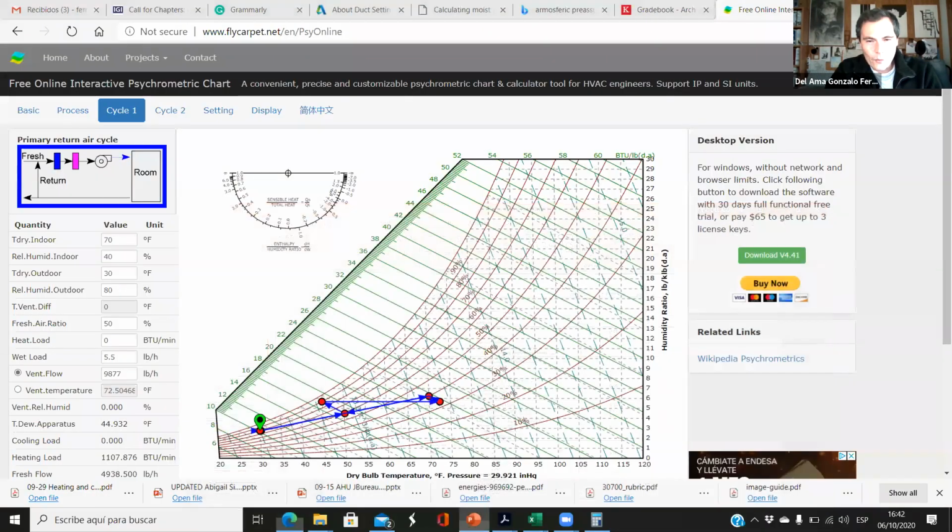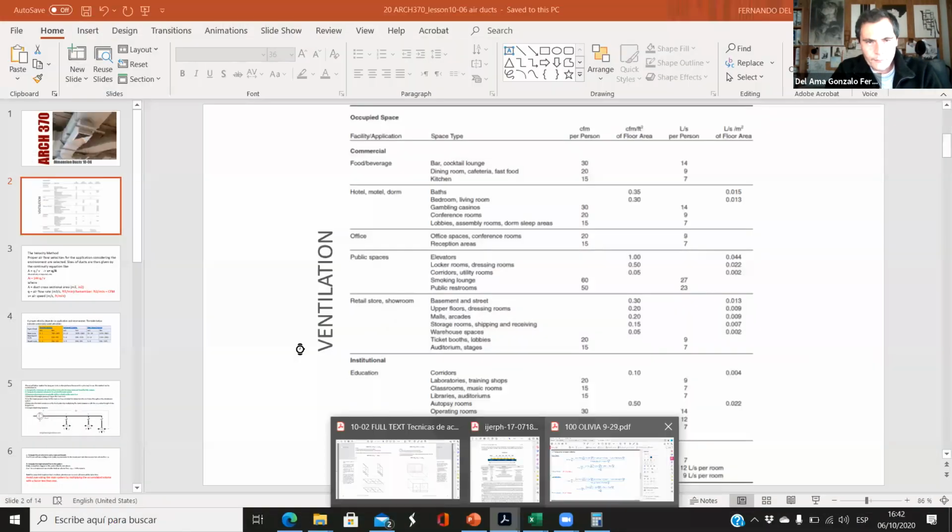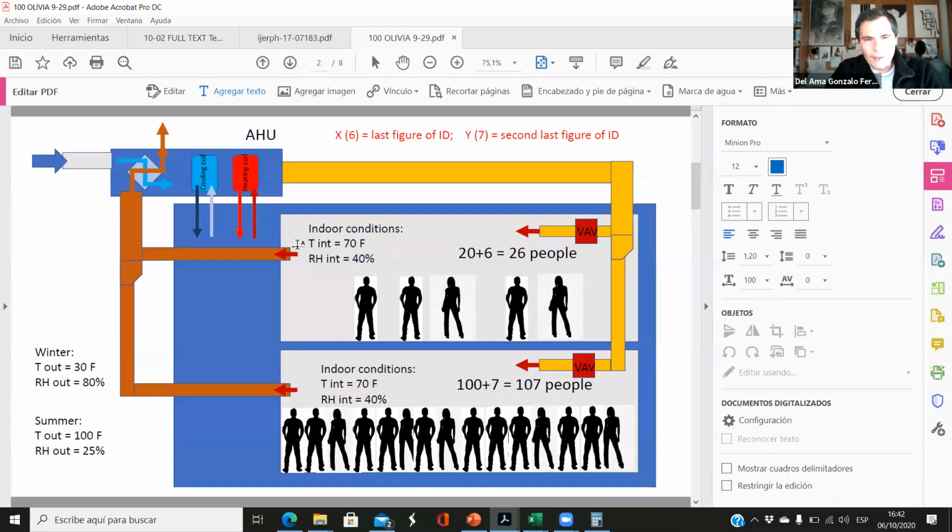Then we need to see what we are doing. If we are recirculating this air, we are using this heat recovery. Okay, so we have to use the heat recovery option or this cycle 1 option because we are saving energy. If we are working with this kind of building, with public buildings, it's worth using this.